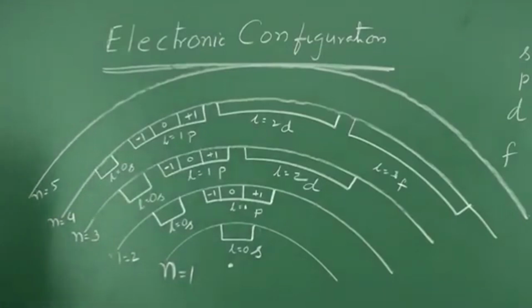Generally, they are designated as Px, Py, Pz. By default, the M value for the Pz orbital is 0. For Px and Py, they may be plus 1 or minus 1.